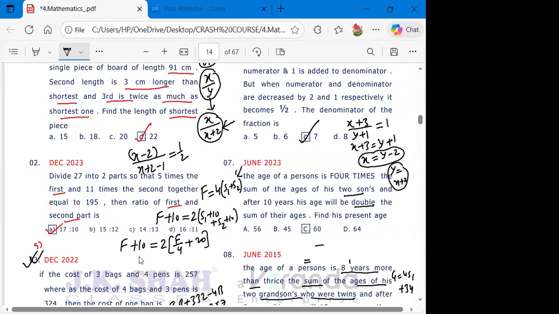Correct? Now solve. F plus 10 is equal to 1 by 2 F plus 2 into 20, which will be how much? 40. Correct? Is the equation correct or somewhere wrong?